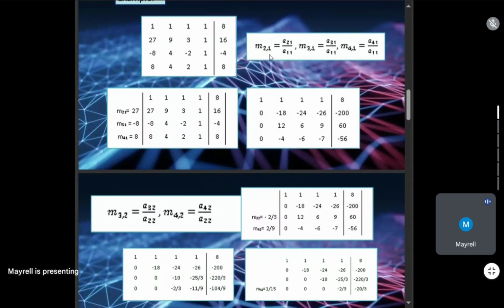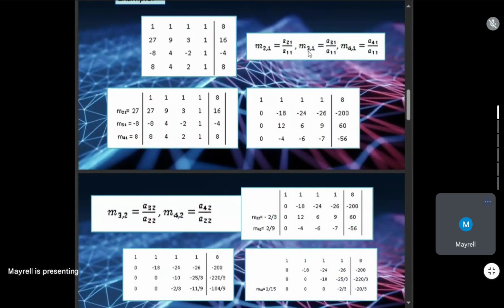So M21 is just A21 over A11, so that means the element in row 2, column 1, divided by the element in row 1, column 1. So this value for M21 is 27 over 1, so 27.